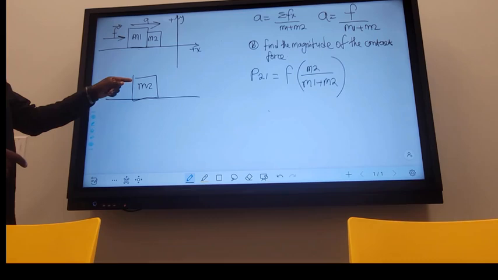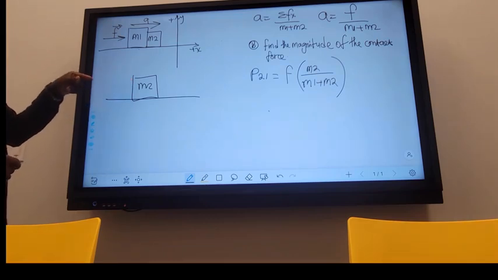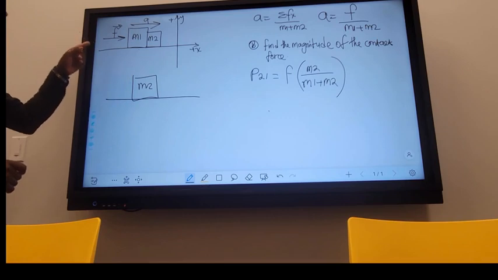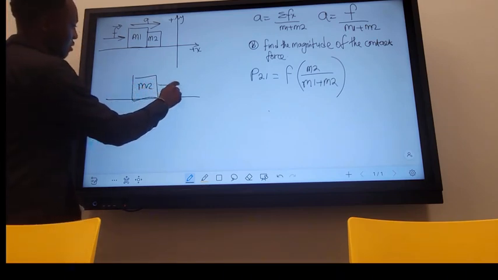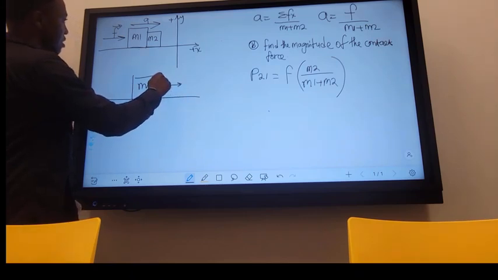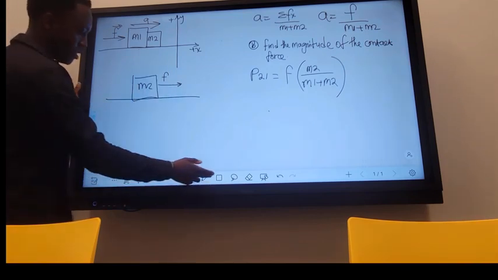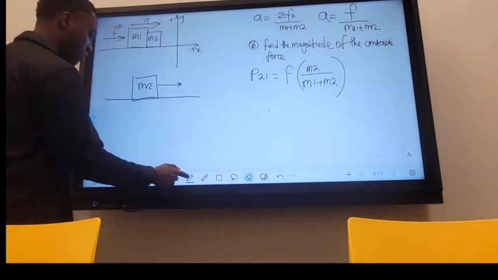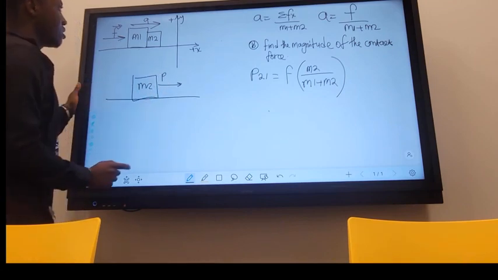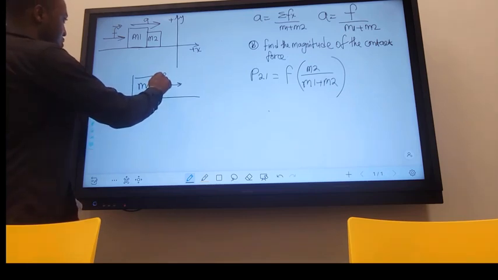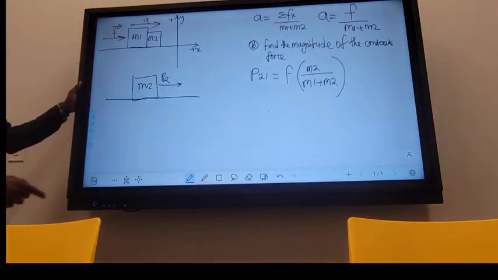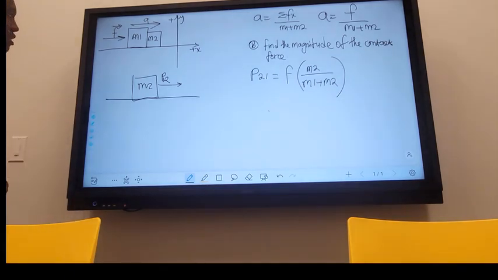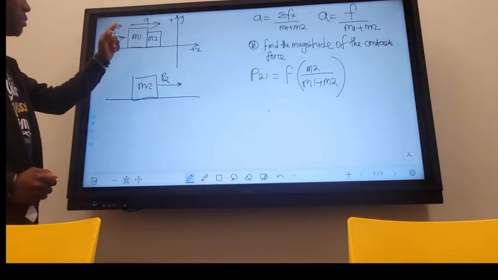The only force acting on M2 is the force that M1 pushes on M2 from the force F. So this will be acting in this direction, and in terms of the contact, we're going to call this contact force P, acting on 2 from 1. That's the way we write it. So this means basically the force is coming from M1, but it's acting on 2.